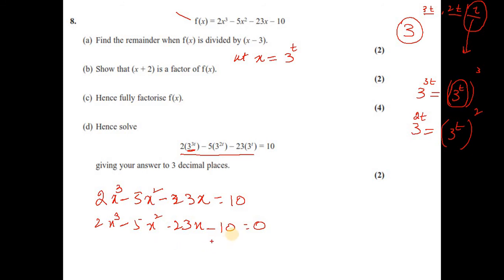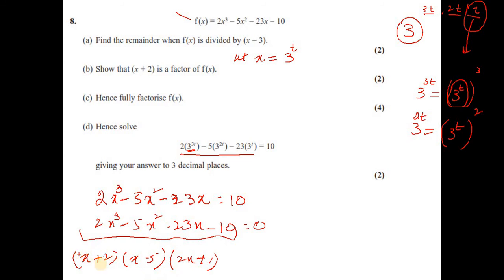And we have already factorized it in the previous part C. And remember, just for your understanding, we had three factors of this equation: the first factor was x plus 2, the second factor was x minus 5, and the third factor was 2x plus 1.